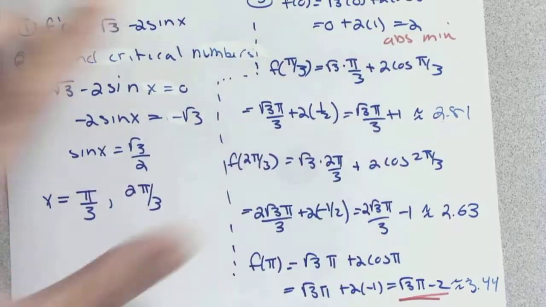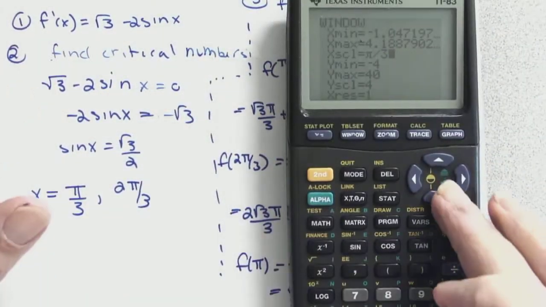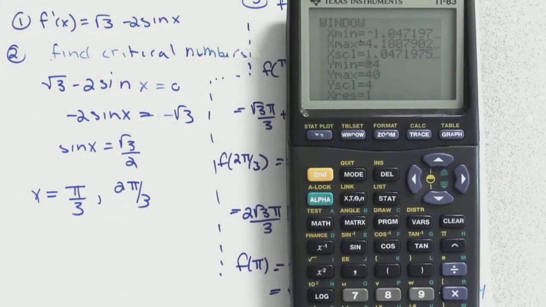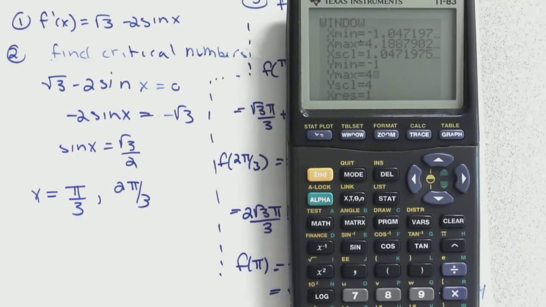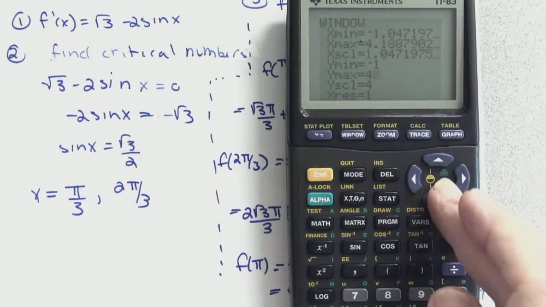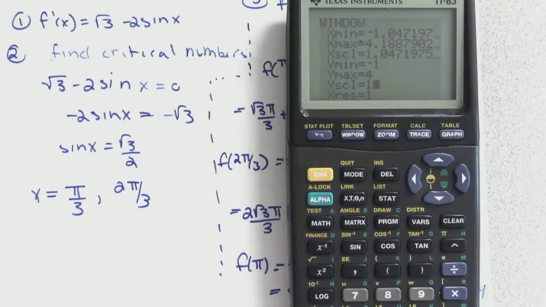The smallest number I had was 2. So my y values, just so I can see the axes, I'm going to go from -1 to 4. To see the axes, I just went to -1. Then the largest value I had was approximately 3.44. So I'm going to go to 4.